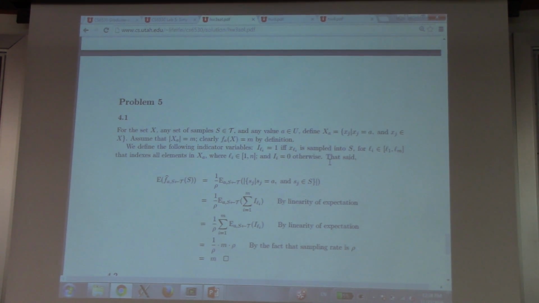We have 40 or 45 students. We add up the values and divide by 40 or 45, whatever the number is. But this could be expensive, right? For 40 or 45 students, that's okay. But if you want to calculate the average income for the US population, that's 300 million or 400 million queries you have to do. That's very expensive. So one effective way of doing that is to use sampling, right?